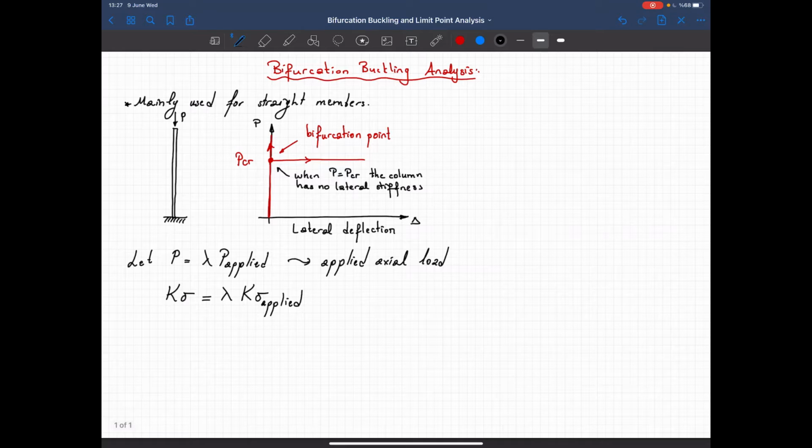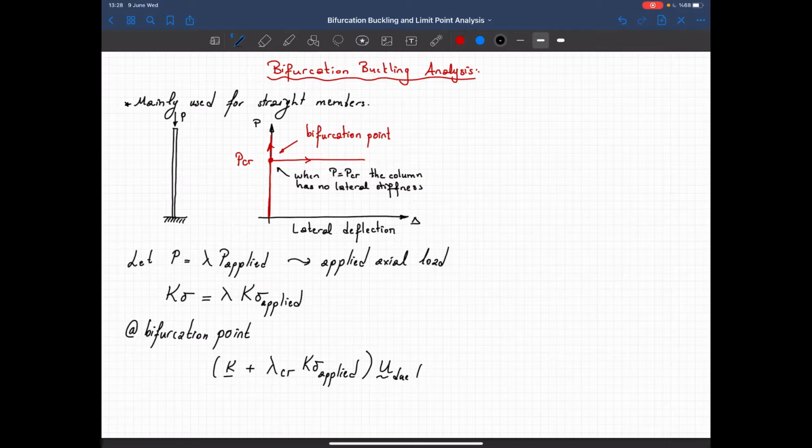Now at the bifurcation point, we should apply K plus, let's call it lambda critical because we are at the bifurcation point, K_G due to the applied force, multiplied by the displacements, whatever displacements we have.